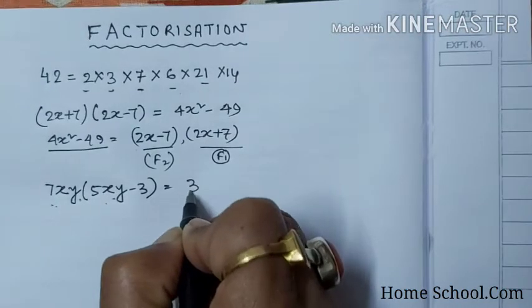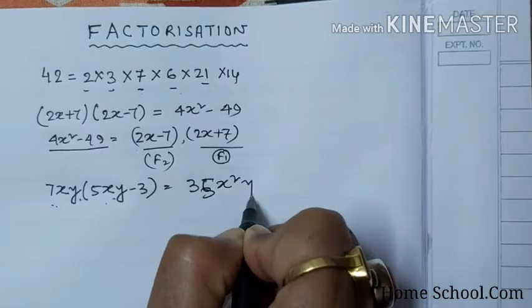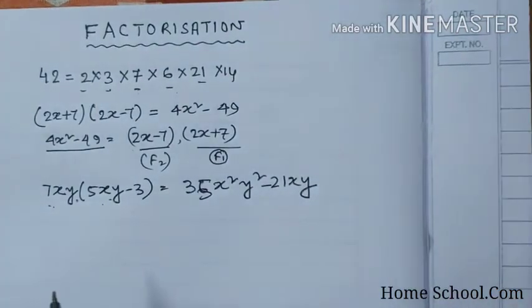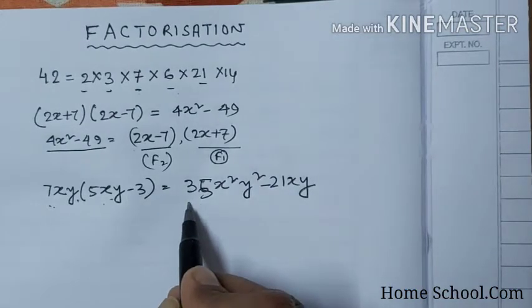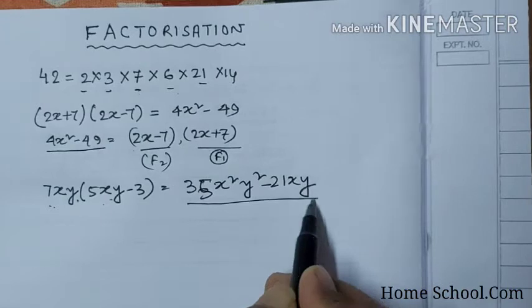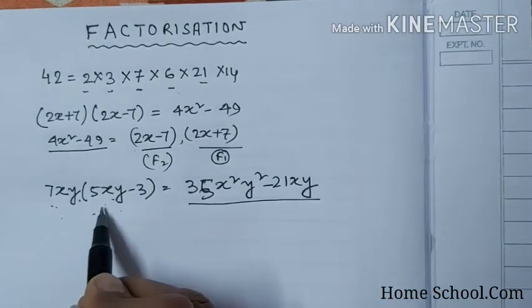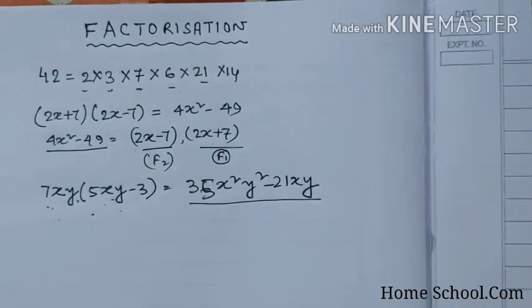You will get 35x square y square minus 21xy. So the factors of 35x square y square minus 21xy are 7xy and 5xy minus 3.